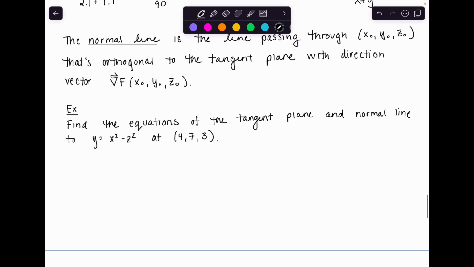Because this would be exactly the same if you just rearrange this to be something like that instead. Okay? The process will not change.